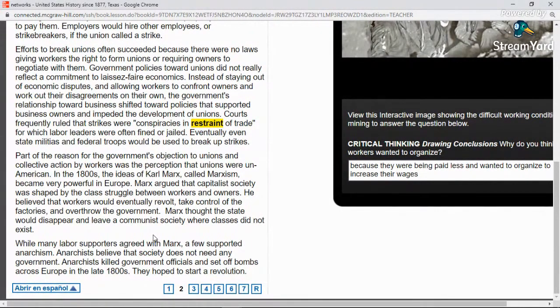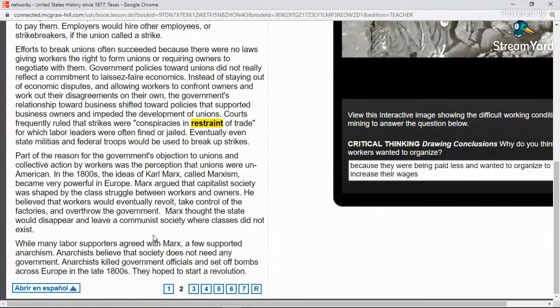Okay? And many laborers, union leaders, they supported Marx or they agreed with him, but many of them did not support anarchism. And anarchism is this idea that society does not need a government.